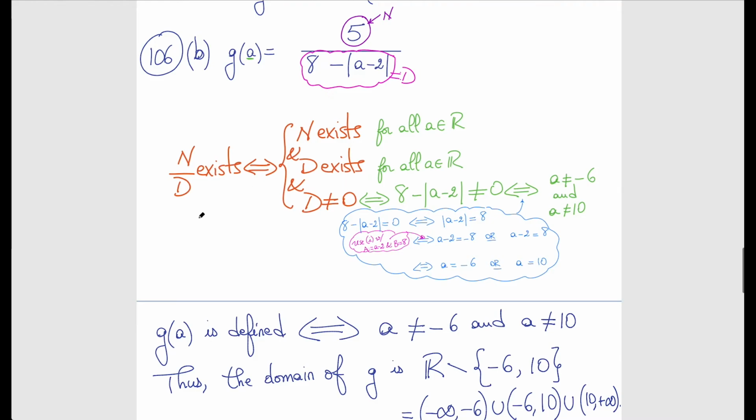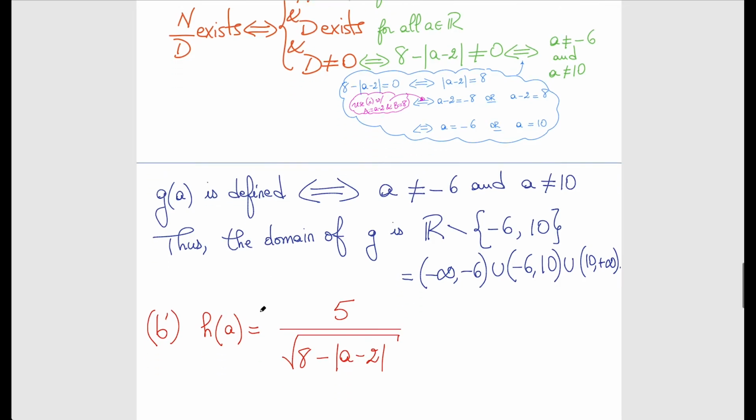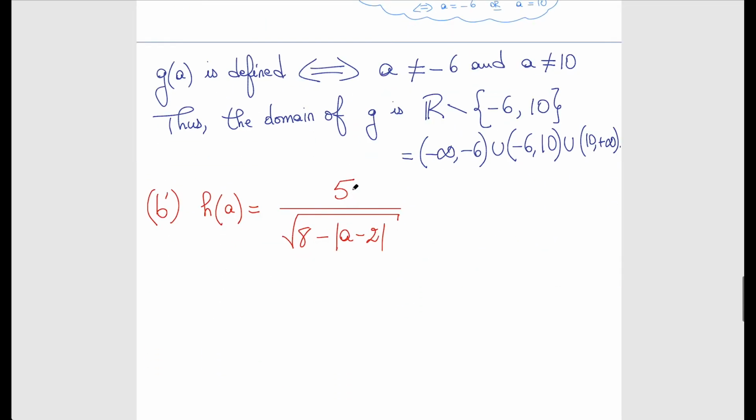Alright, so I'm gonna employ this again because the nature of the recipe of the output of h is a quotient, and a quotient exists if and only if the numerator exists and the denominator exists and the denominator is not 0.